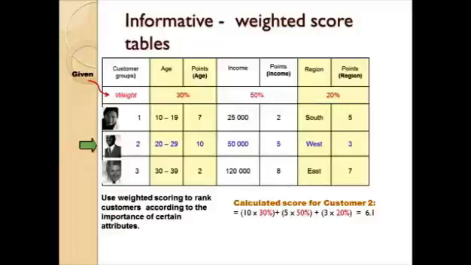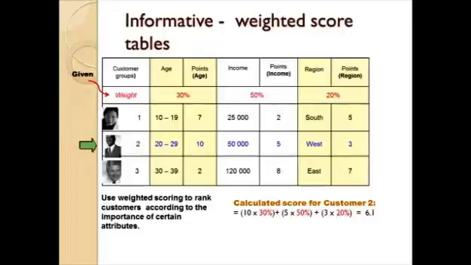Similarly, we give points to each income group based on our experience or our target market. Similarly, we give a point value to the region where they come from. Not only that, we also assign a weight to each variable, like 30% for age, 50% for income, and 20% for region.